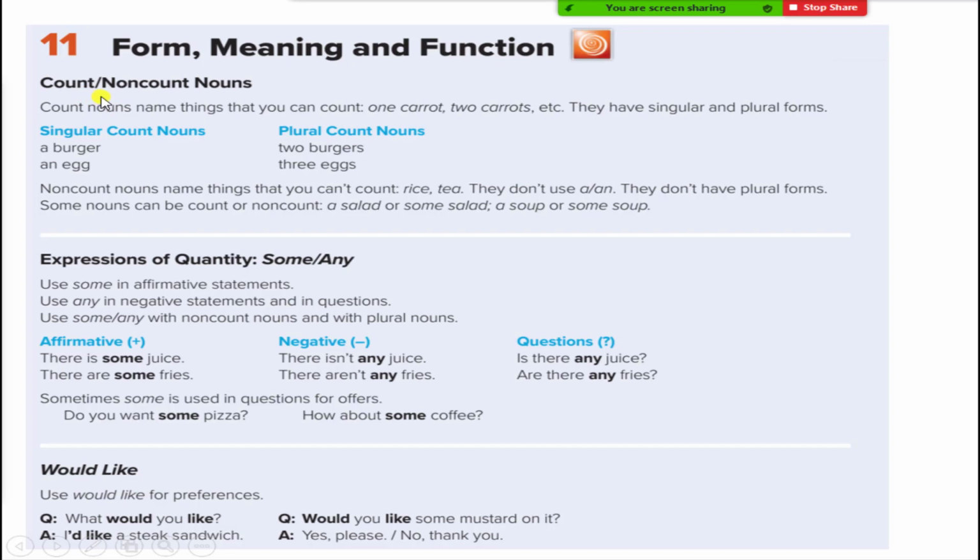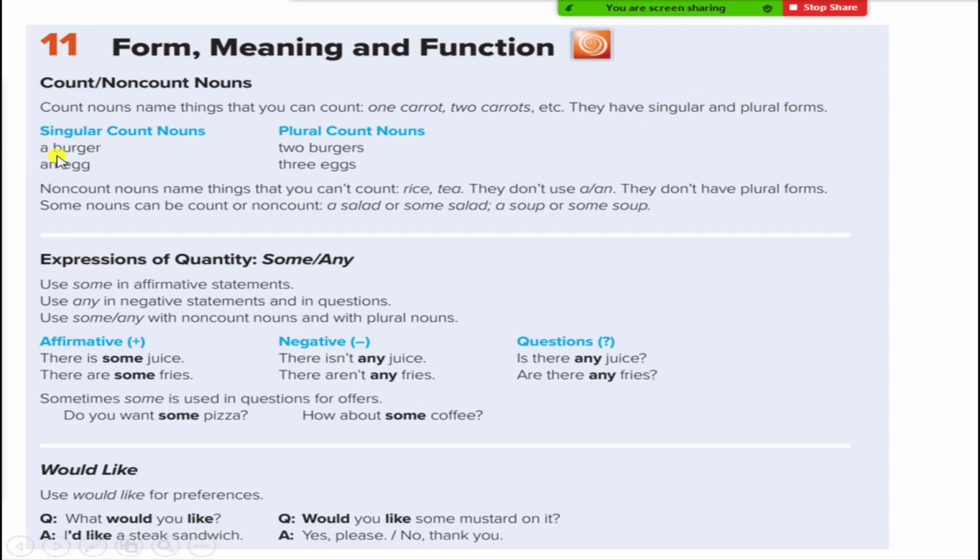Count and non-count nouns. Count nouns are the names of things that you can count: 1 carrot, 2 carrots, 1 boy, 3 boys, 5 boys, and so on. They have singular and plural forms.